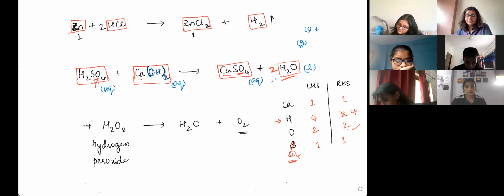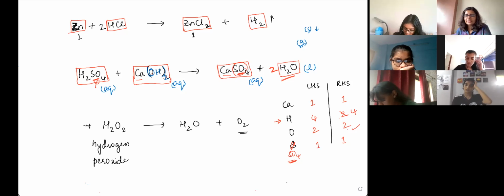That's why I said, whenever you come across sulfate or nitrate which is not changing, like if it is changing between LHS and RHS, it's a completely different thing. But if it is not changing between LHS and RHS, treat it as a single unit and ignore it. If you have hydrogen and oxygen, count the hydrogen and oxygen other than the ones present in sulfate. Okay, that makes it simpler.